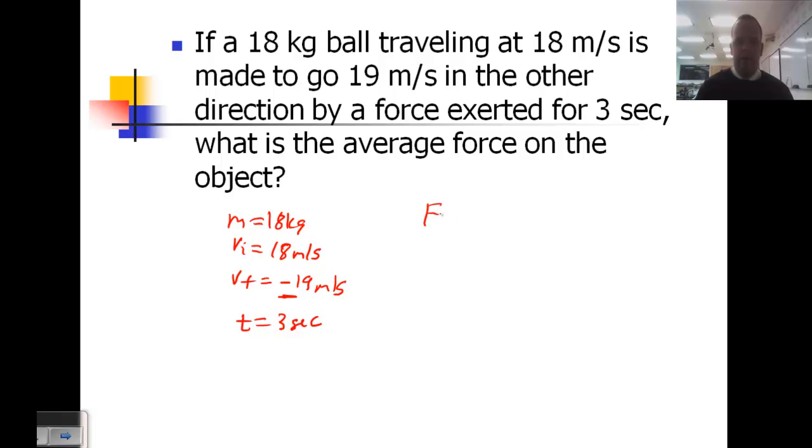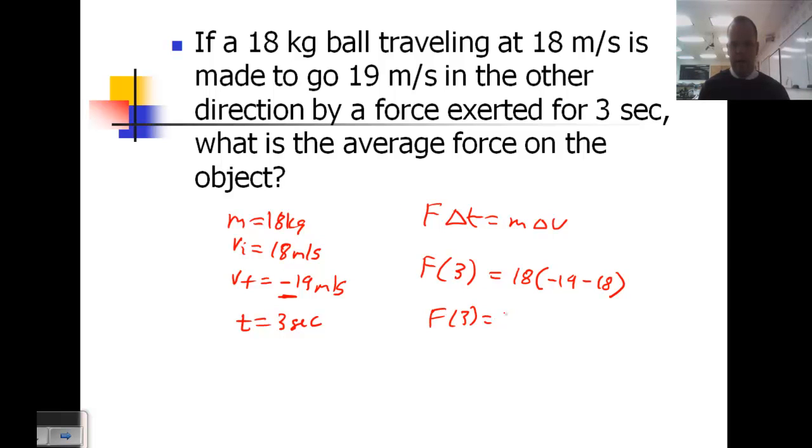Now here's where the impulse momentum theorem altogether would be very useful. We're looking for the force. We know the time is 3. The mass is 18. The final velocity is negative 19 minus the initial velocity 18. So negative 19 minus 18, negative 37.